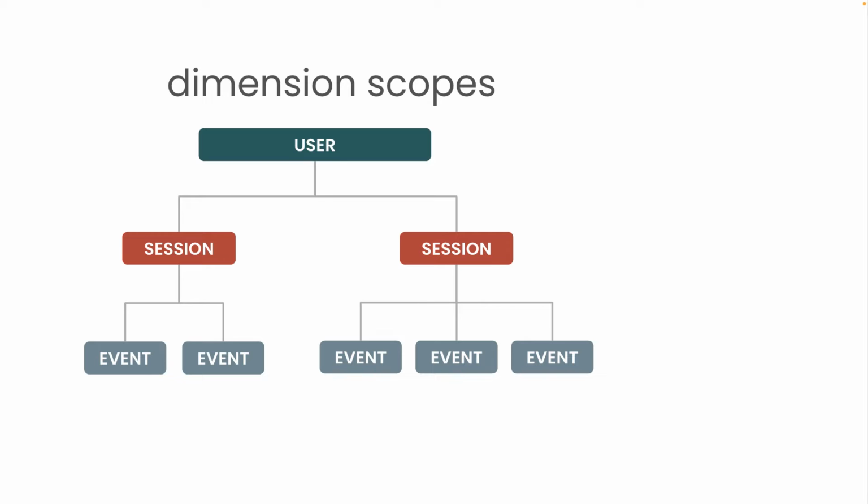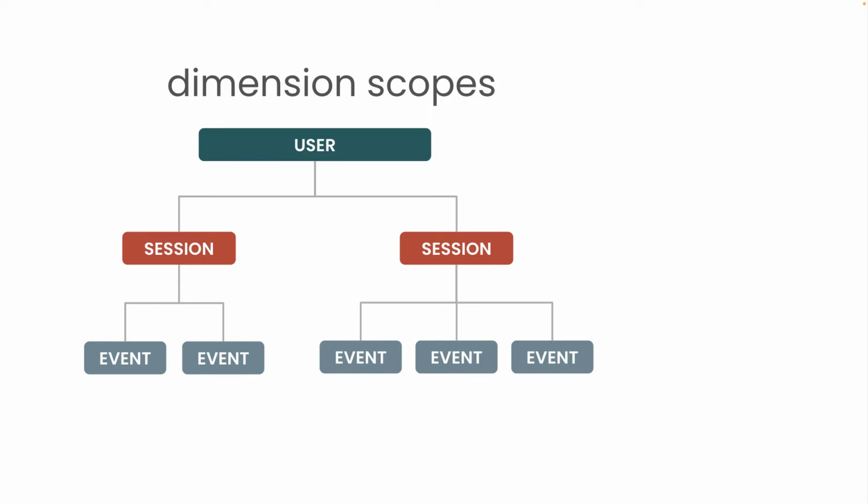A good way of thinking about this is that there are parent-child relationships between each of these scopes. So a user is typically identified by a cookie, so it's not necessarily a human being, which is a little bit of a problem because if a person accesses a website and then clears cookies or uses a different browser and device, usually they'll show up as a different user, so multiple users, though one human being.